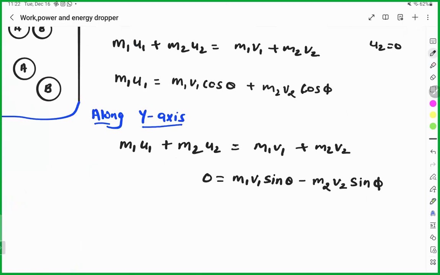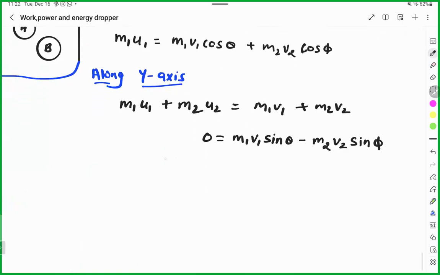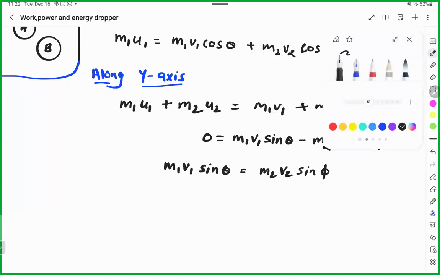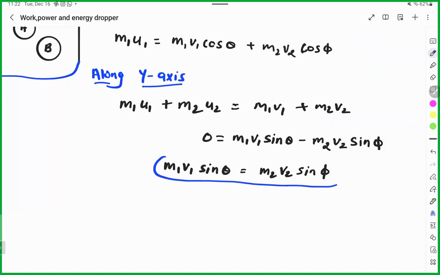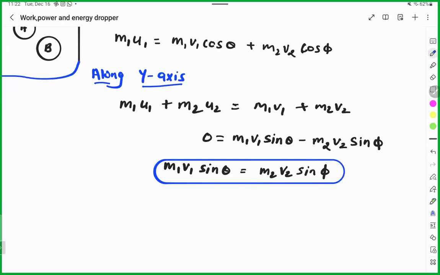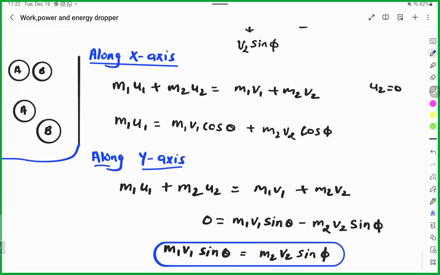So m1v1 sin theta will be equal to m2v2 sin phi. When we are doing the theoretical part, you can trust me, simply do linear momentum conservation, nothing else.